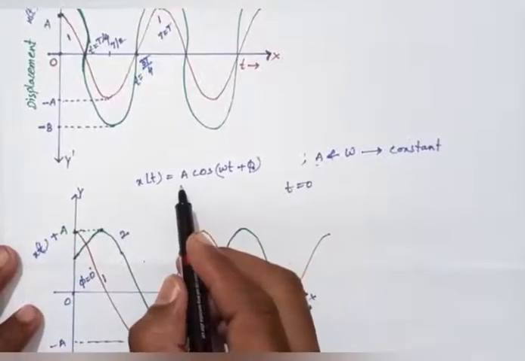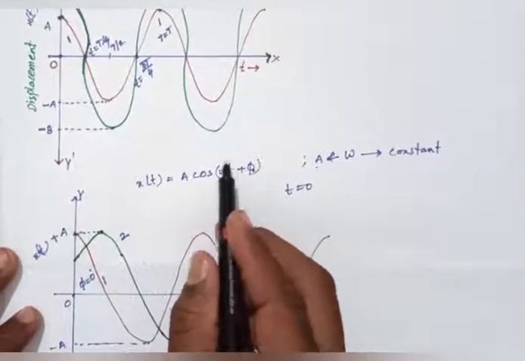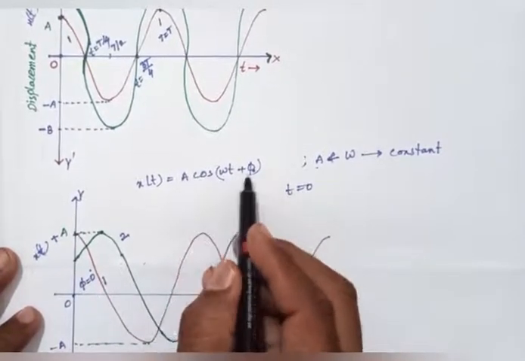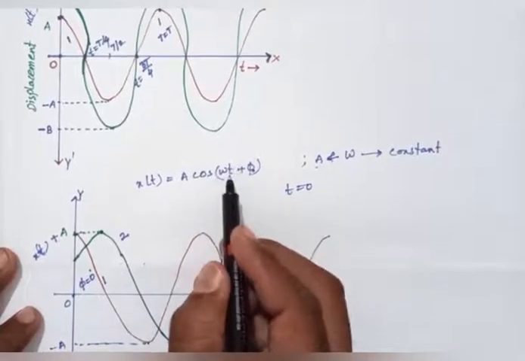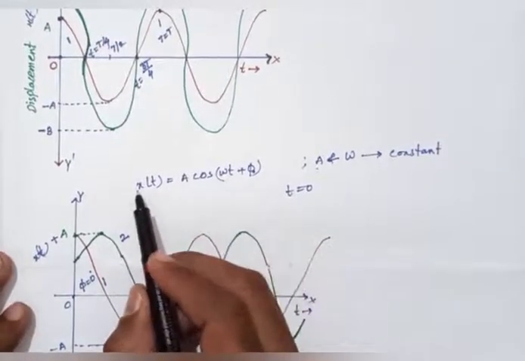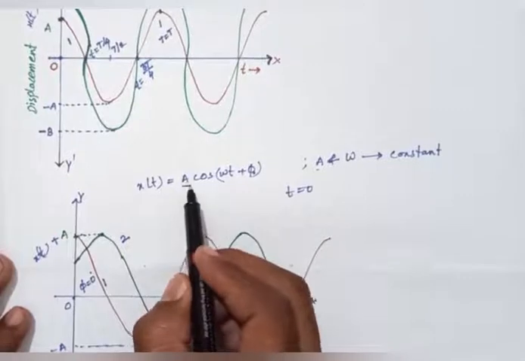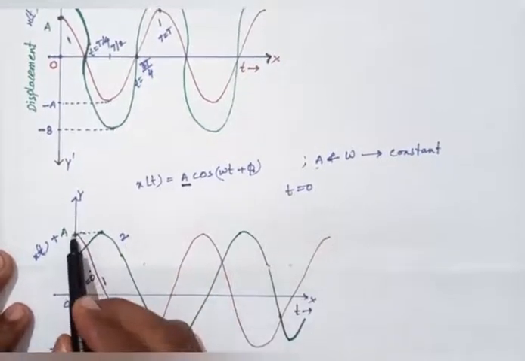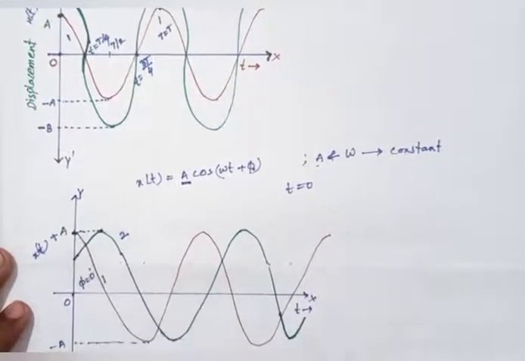At t equals 0 and phi equals 0, cos 0 equals 1. Then x equals capital A.